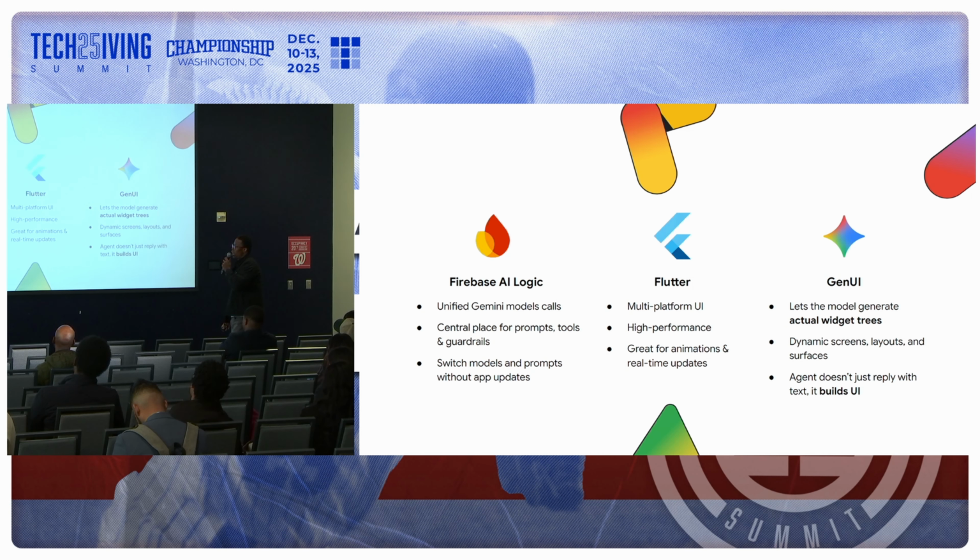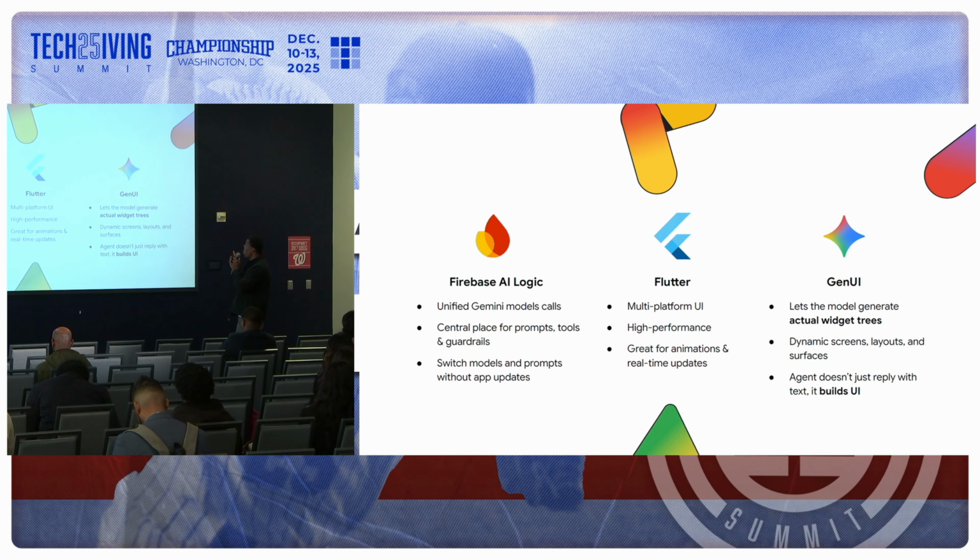Yeah. So as a recap, Firebase AI Logic helps you first get the Gemini models unified, and you also have a central place for prompts, tools, and security guardrails. You can switch models and prompts without updates, right? And Flutter is a multi-platform UI with high performance, which is very great for animations and real-time updates.